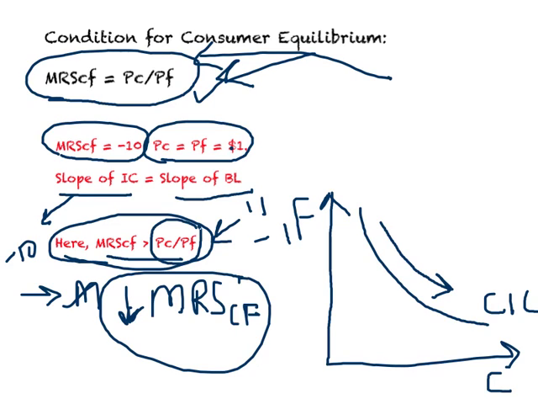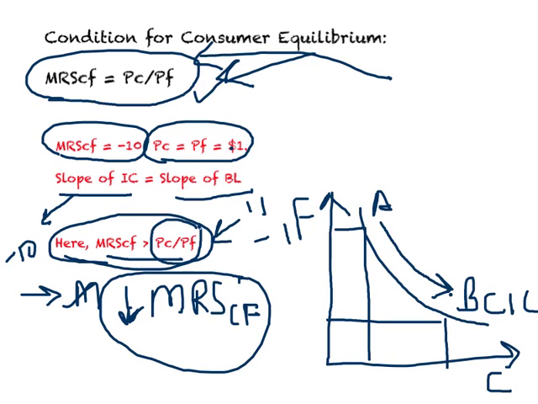Now consider the following. Suppose you started at this point, let's call this A, and as you move down, you move to a point like B, just as an example. Now what do you do in order to make these two equal? That is, MRSCF equal to PC by PF. MRSCF falls when we go down this community indifference curve.